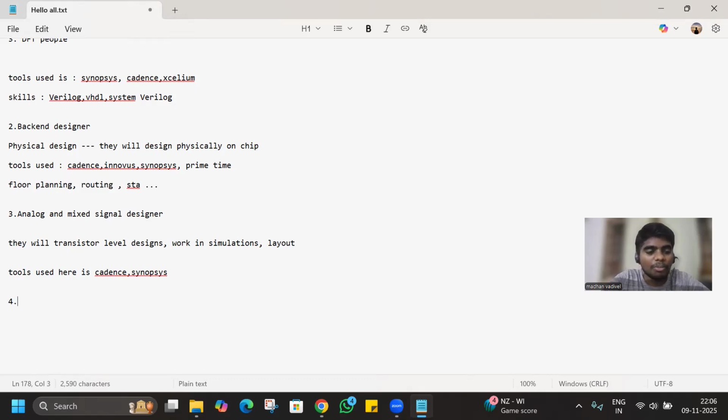And the fourth one is layout people, analog layout. Analog layout means they will work on transistor-level designs. They will draw analog circuits, the physical layout.